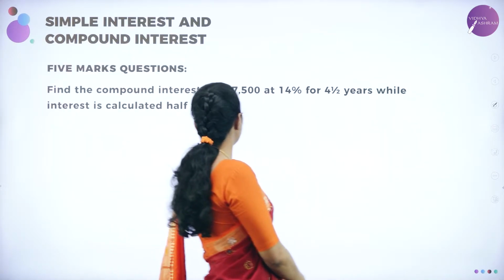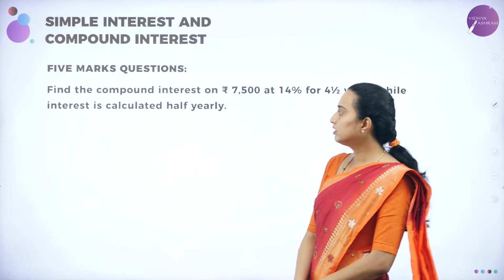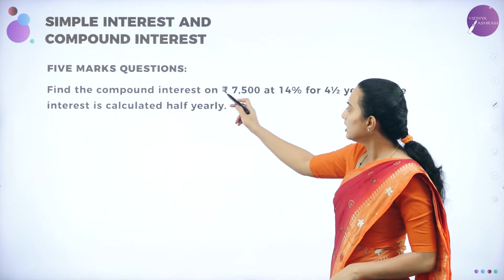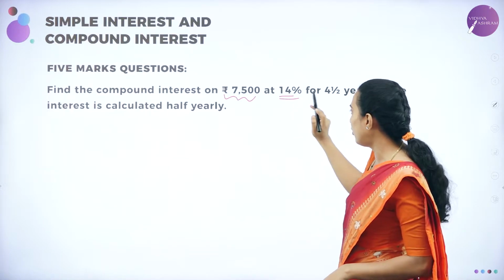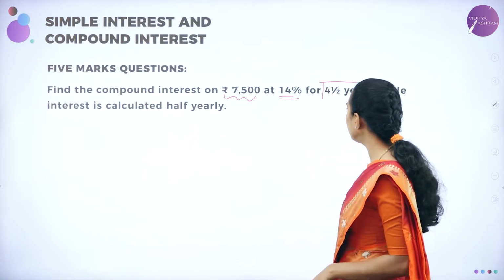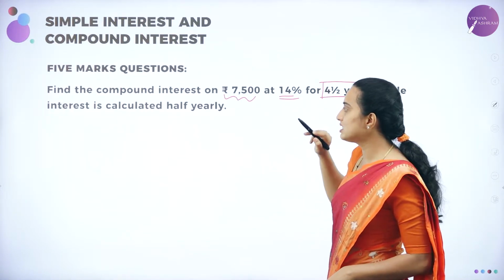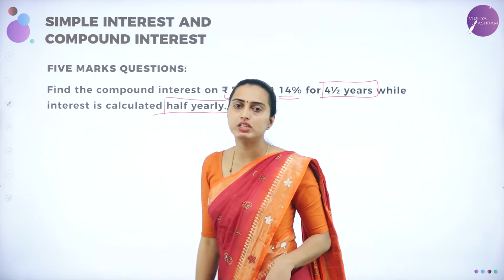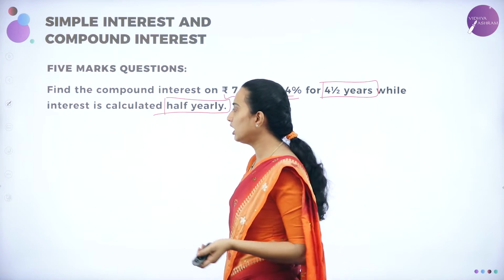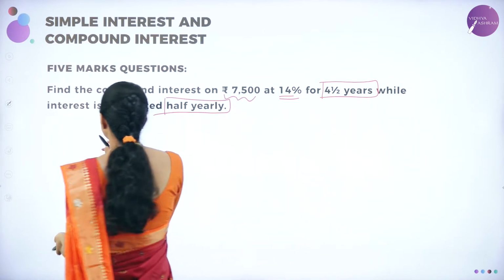The next question is: find the compound interest on 7,500 at 14% for 4.5 years, while interest is calculated half yearly. Half yearly means Q is equal to 2. Same formula you are going to use.